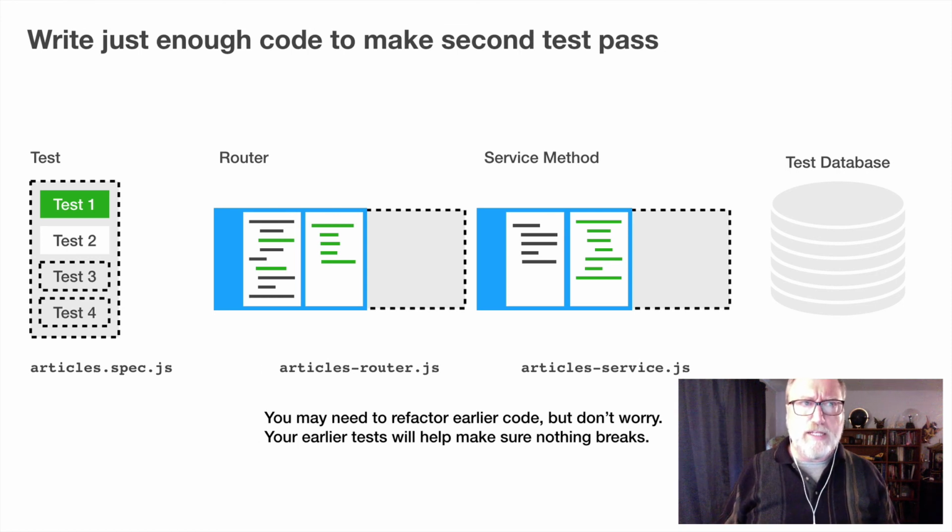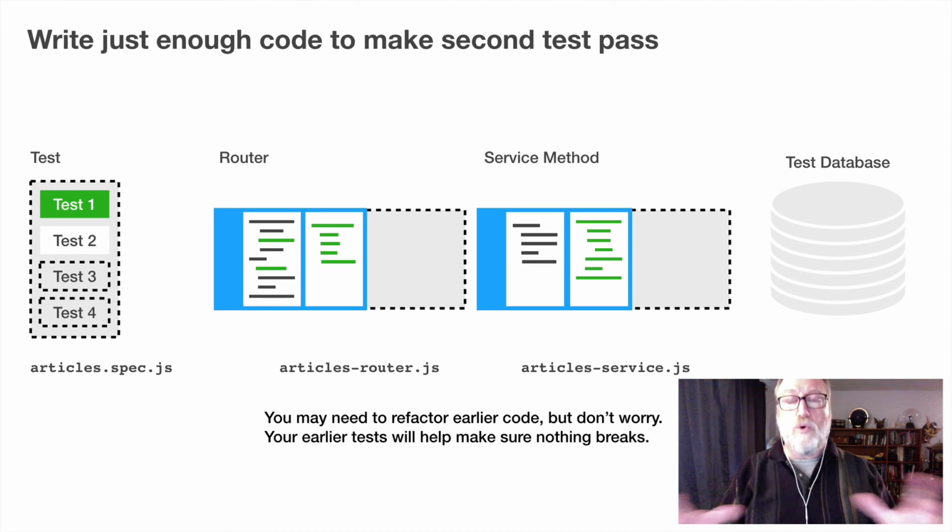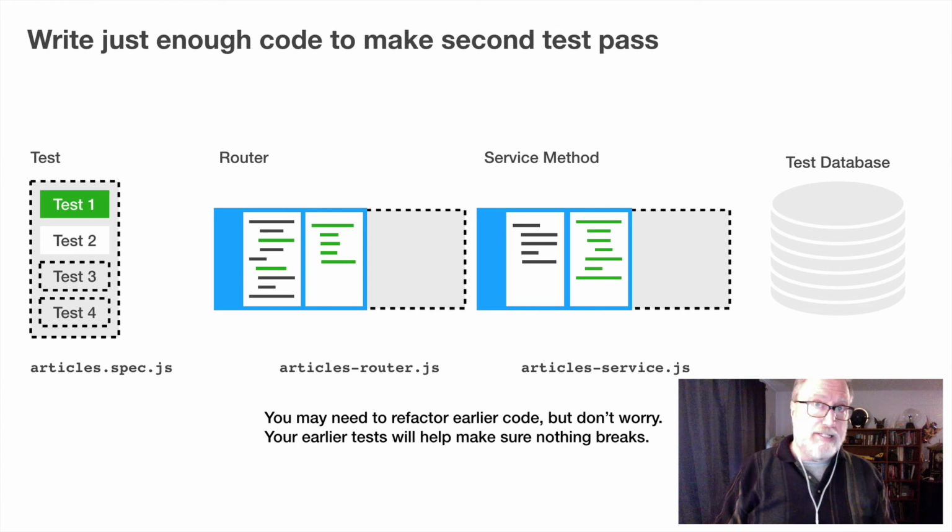The cool thing is you've got that first test. You've got your earlier test sitting around to make sure that no matter what you do to modify the code to make it do more, it will never break what you were doing before. That kind of situation where an error sneaks in and your code that was good becomes bad again, it kind of regresses. That's an application of these tests called regression testing.